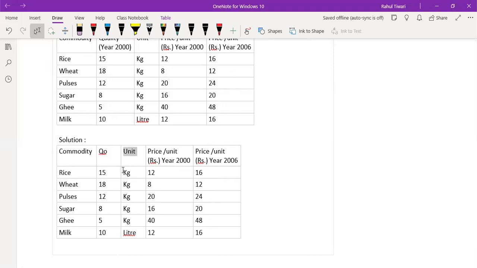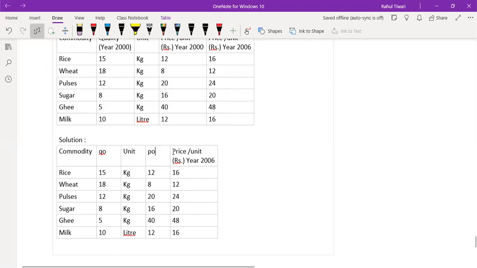This unit is not required. In case you have written it, no problem. Then we have P0, then we have P1. I hope you can write it.